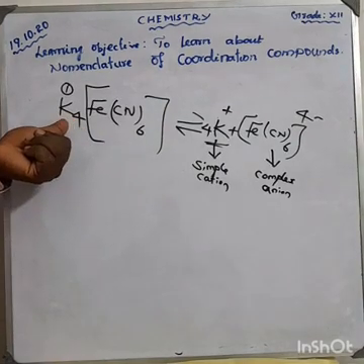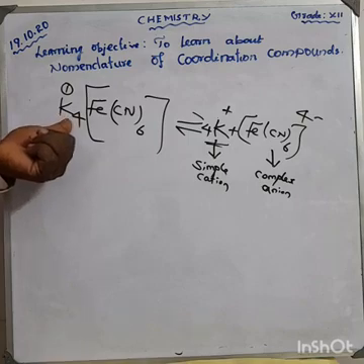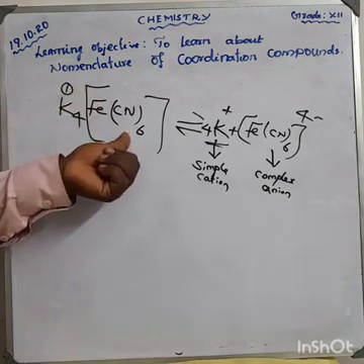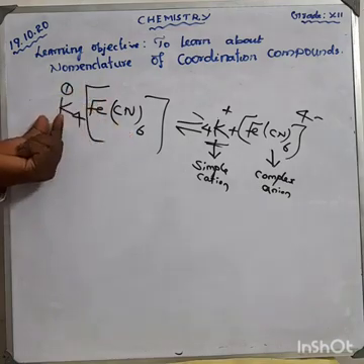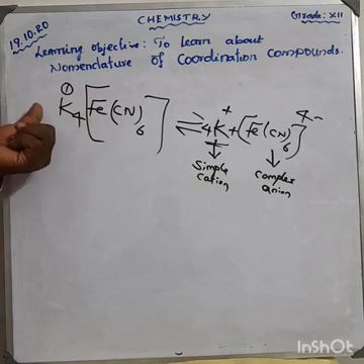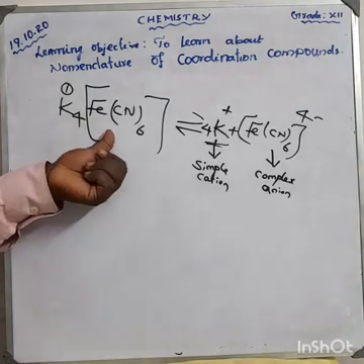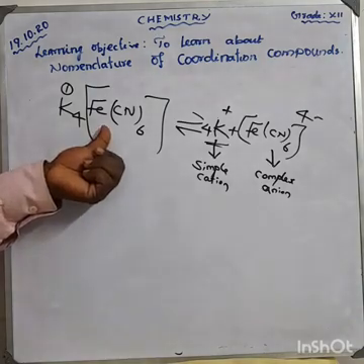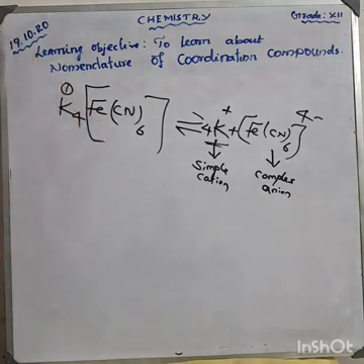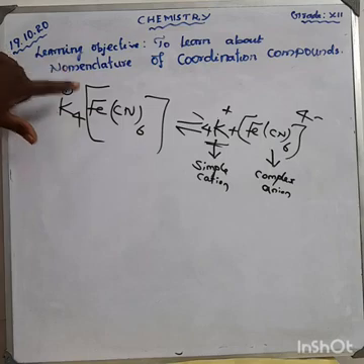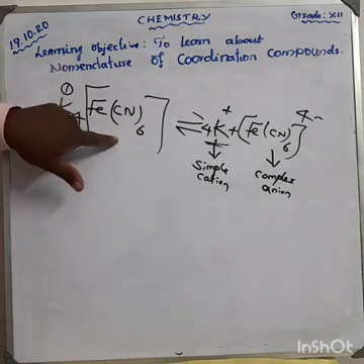Here you should name the cation first, followed by the anion complex. This is the first rule. What is the first rule? The cation is named first, followed by the anion.